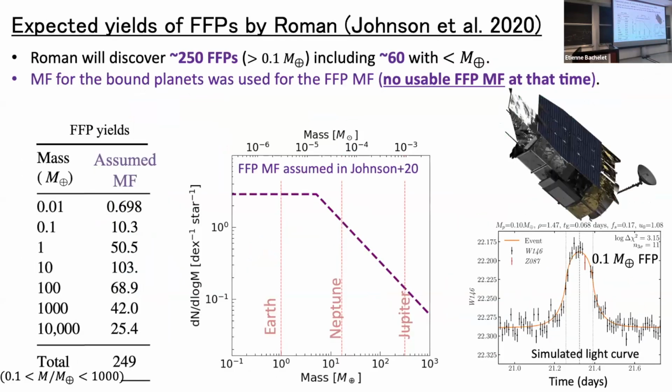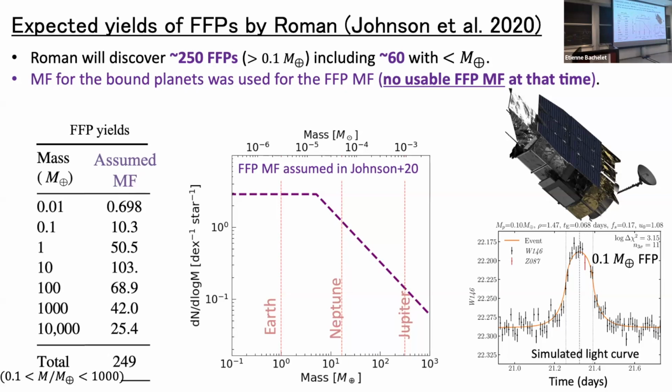Okay, so finally, let me talk about the expectation for the Roman survey. The expected yield of FFPs by the Roman survey was already estimated by Johnson et al. 2020, and they predicted that Roman would discover about 250 FFPs, including about 60 with smaller than Earth masses.